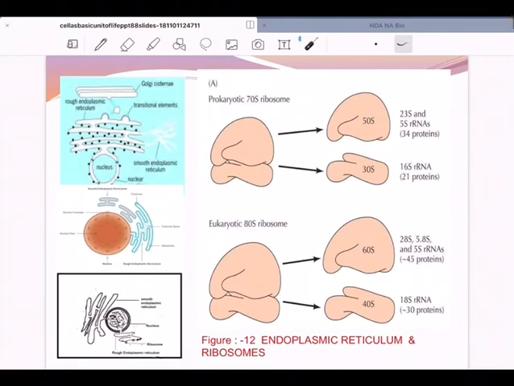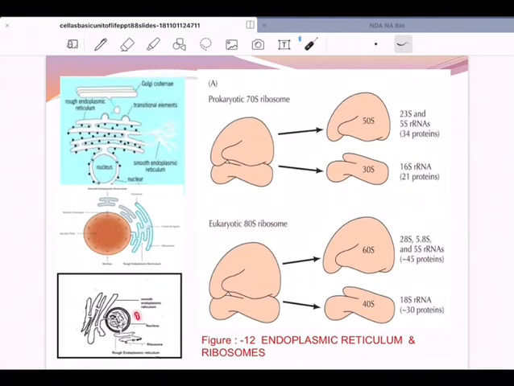So endoplasmic reticulum is playing a very crucial role in two ways. One, it is providing vesicles, and second, it is giving a place for ribosomes to lay down there. Ribosomes play a very crucial role. They form proteins, hence protein synthesis takes place because of ribosomes, and ribosomes are there because of endoplasmic reticulum.